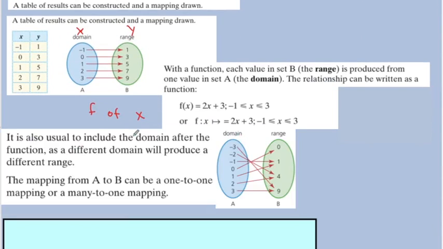It is usual to include the domain after the function, as a different domain will produce a different range. Meaning, if we did -1 to 4 here instead, our range would go up to 11. Now, if we take a different function, we can map 1 to 1 like we are here. Each x has one y. We can also have a many to 1.